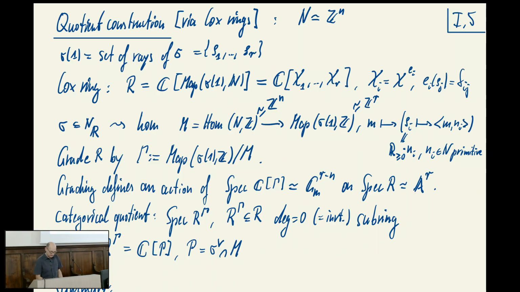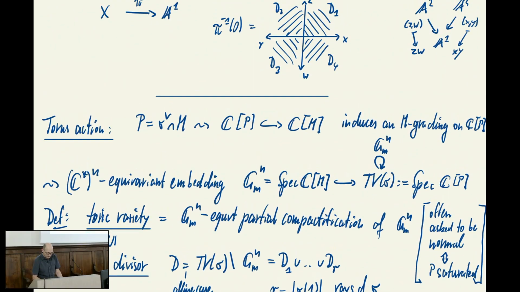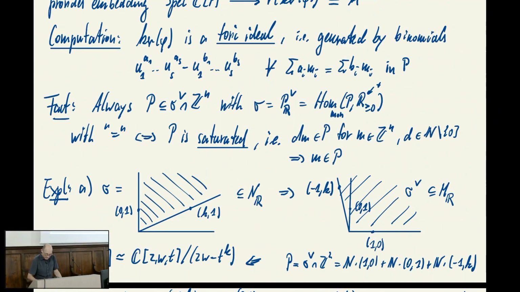So let me write N as Z^n, and we have this cone sigma, and sigma(1) is a set of rays. Well, I should say right away: from now on, all my toric varieties will be normal. What is a typical non-normal thing here? I said something about saturation. What is a typical non-saturated monoid? You take the natural numbers and take in there the monoid generated by 2 and 3.